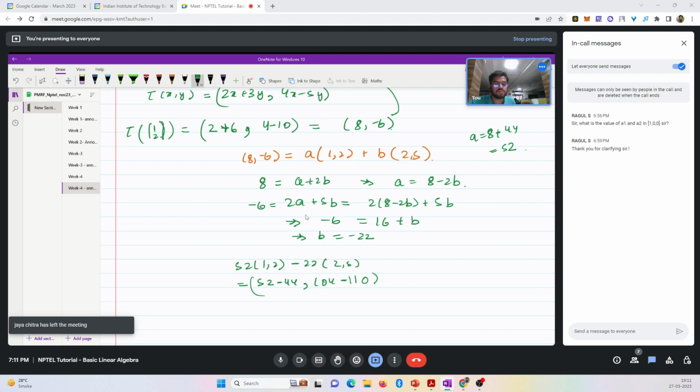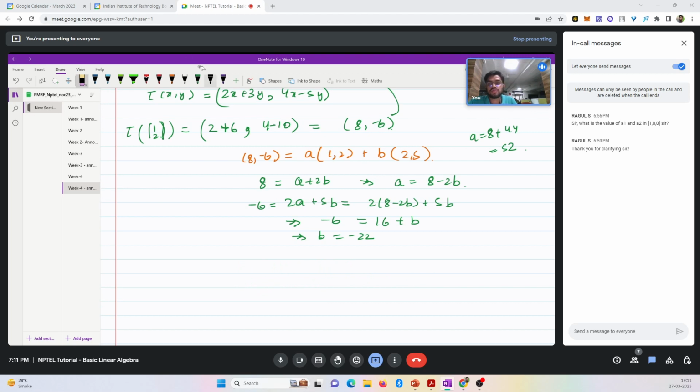Yeah, so this is 8 comma minus 6. This thing is holding, right? So what are the coefficients that we got now? The coefficients are pretty large over here: your a is 52 and b is minus 22.